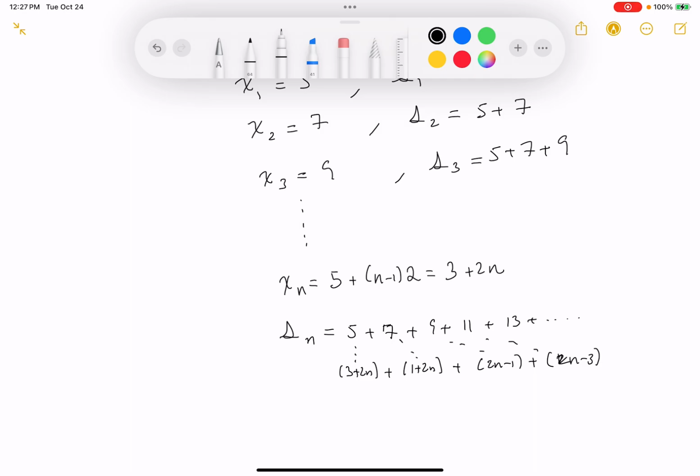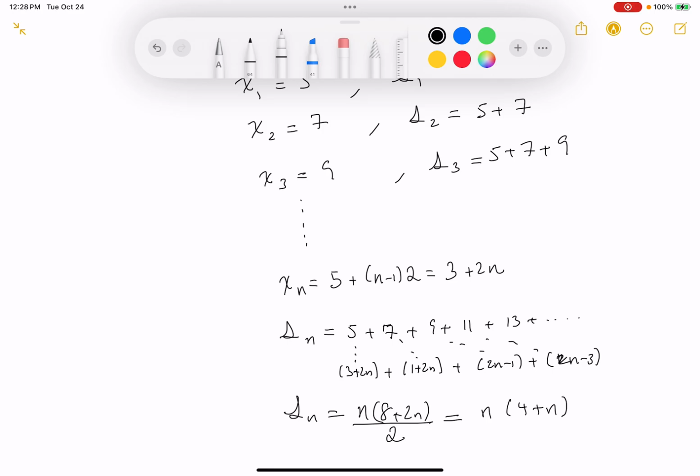So 5 plus 3 plus 2n is 8 plus 2n. And the next one also is going to be 8 plus 2n. There's going to be pairwise matching. We do it by induction, but n over 2. All right? And that simplifies pretty nicely. It simplifies to n times (4 plus n).